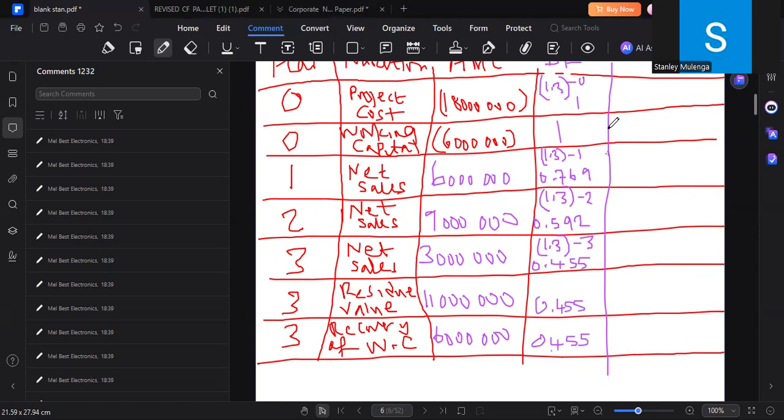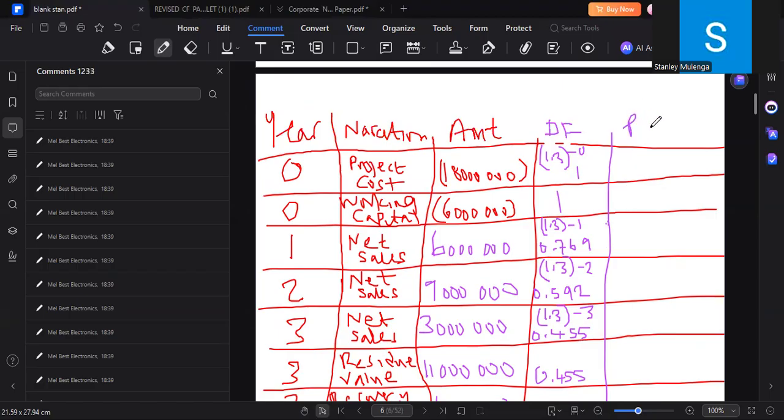So as you multiply, the present value will give us 18 million.